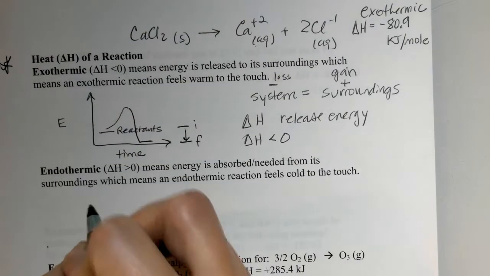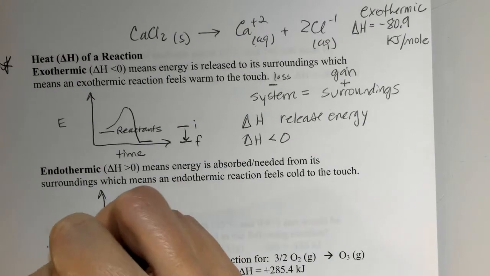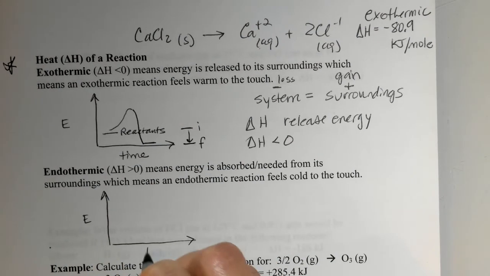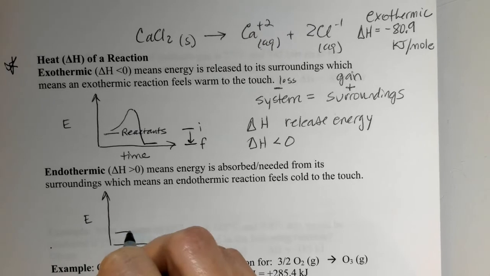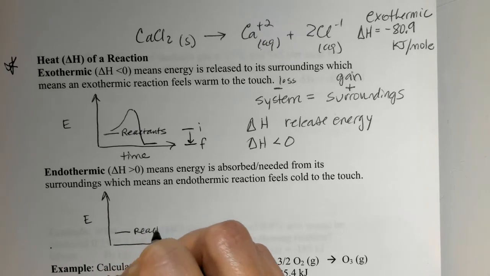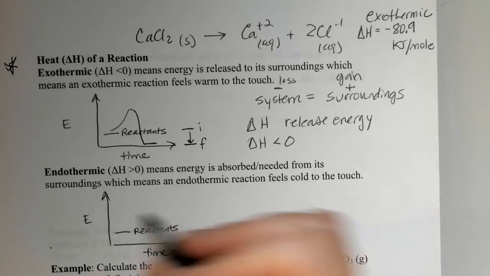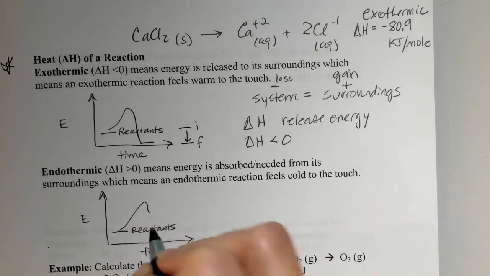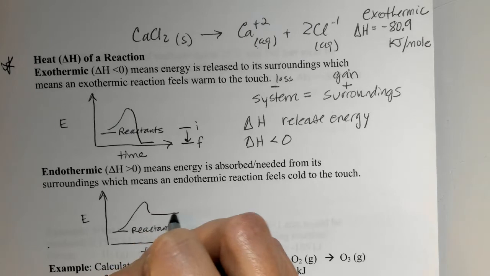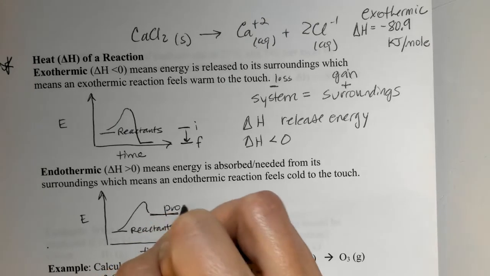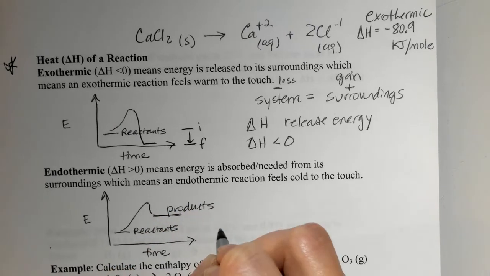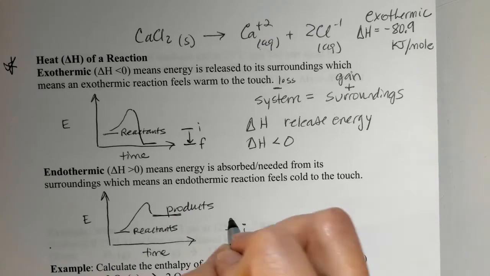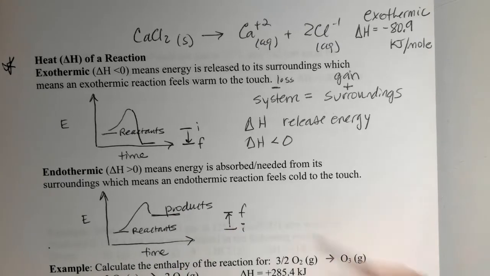Endothermic is the opposite. If we looked at our energy diagram over time, here we're going to start out at a certain energy level with our reactants. Again, always that uphill climb. But then as we release energy with forming new bonds, we don't release quite as much. So now what we look at is, okay, we started here and we ended up here.